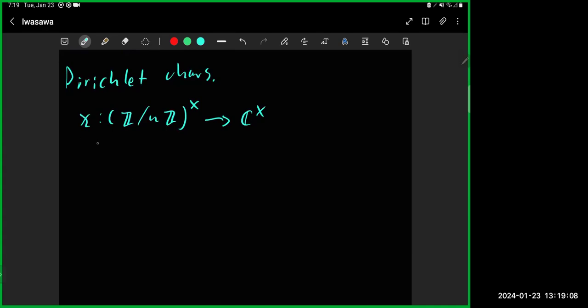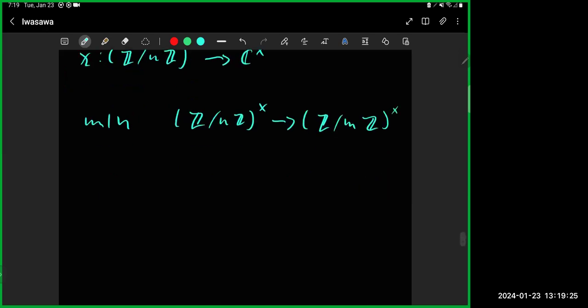What I mean is that when M divides N, we have a natural map of Z over NZ into Z over MZ. And this gets us a little nice diagram. Here we have chi, which maps the units of Z over NZ into the multiplicative complex numbers.